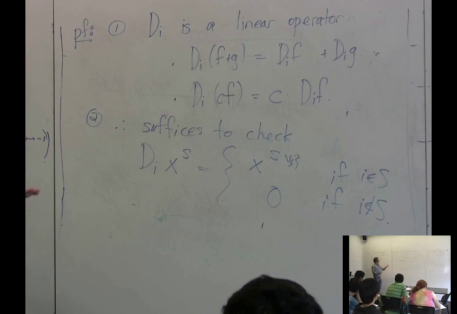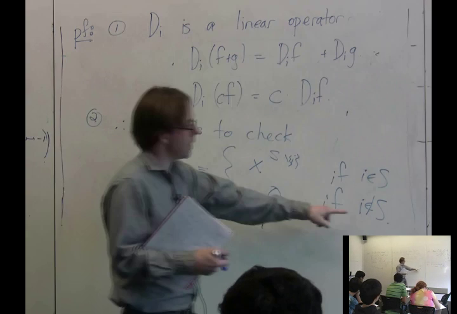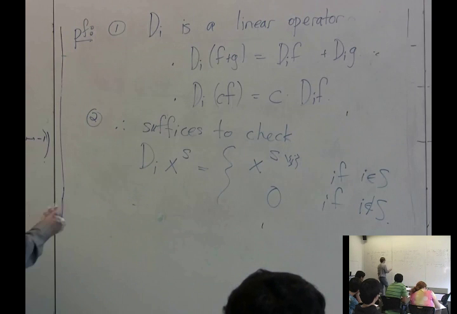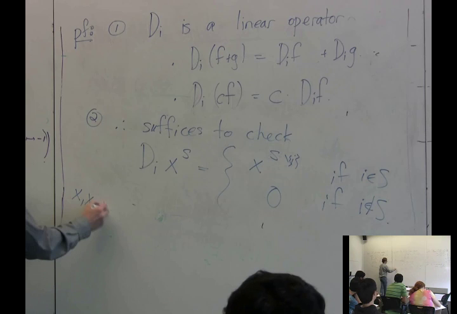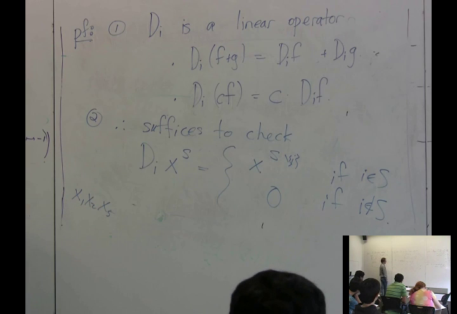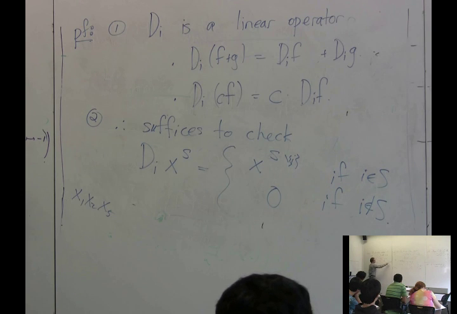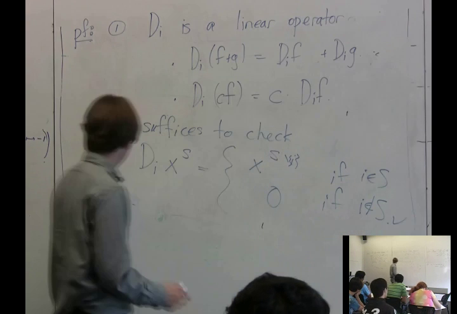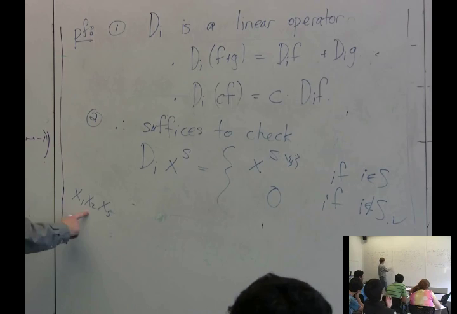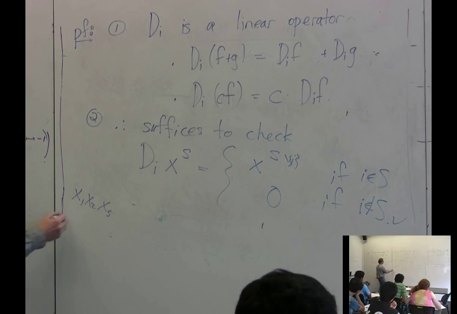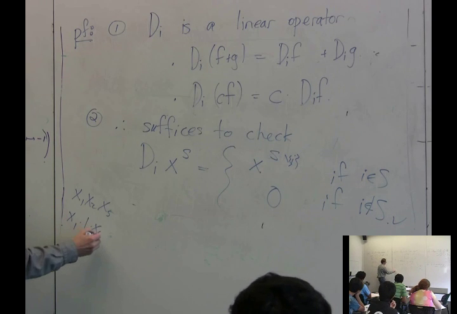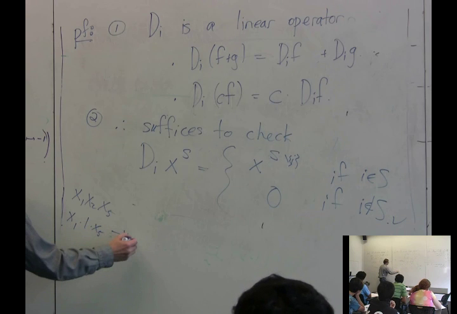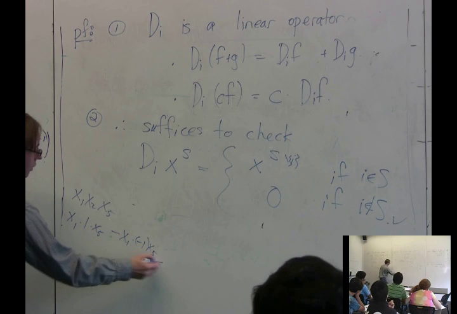And then that's easy. If i is not in S, so maybe it's like x1, x2, x5, S is {1, 2, 5}, and i is 4, then if you change x_i to plus or minus 1, it doesn't make a difference. So you're subtracting the same things, and you get 0. And if i were 2 here, then when you take the derivative according to this formula, you get x1 times 1 times x5 minus x1 times negative 1 times x5, over 2.